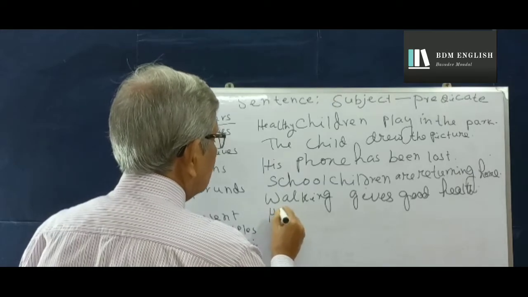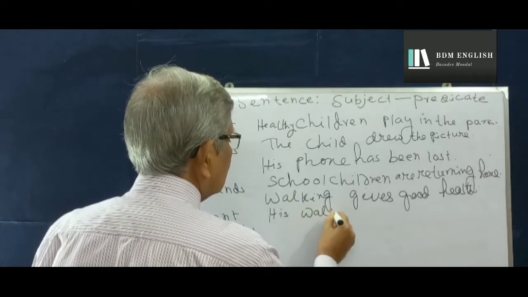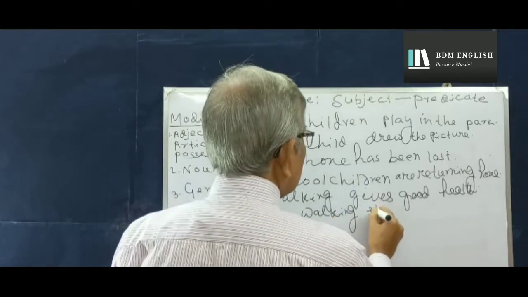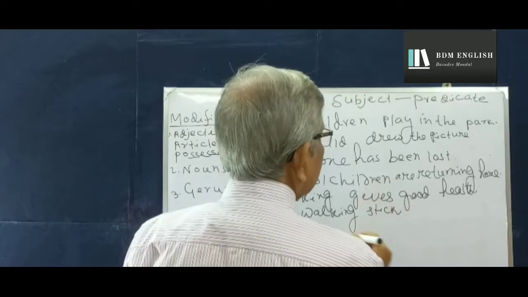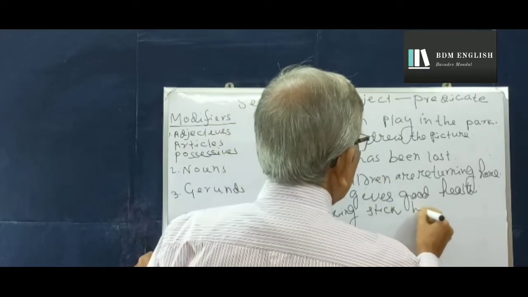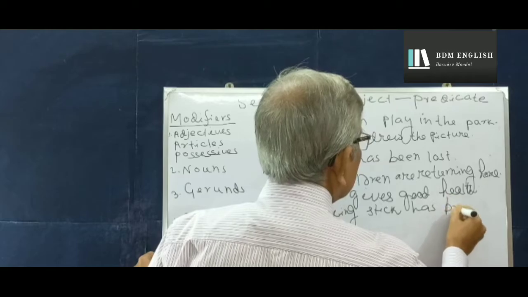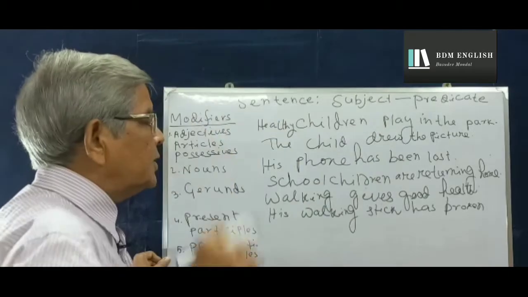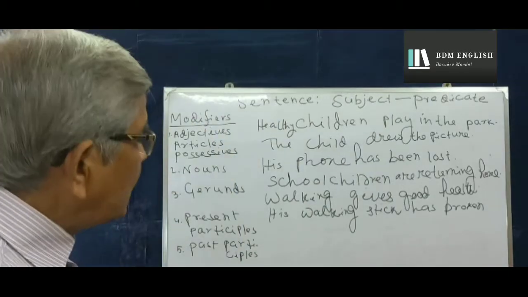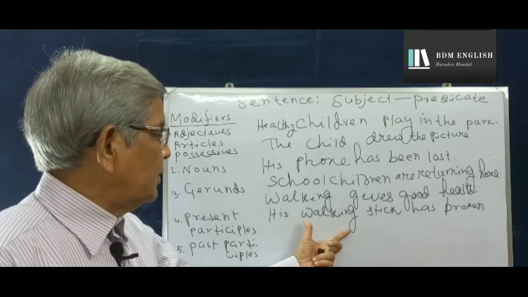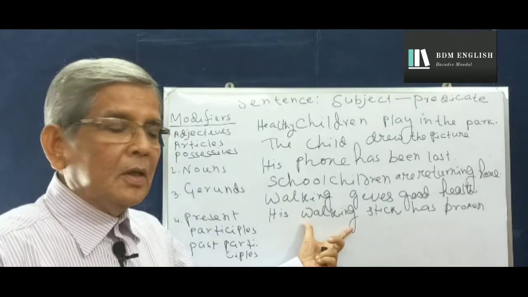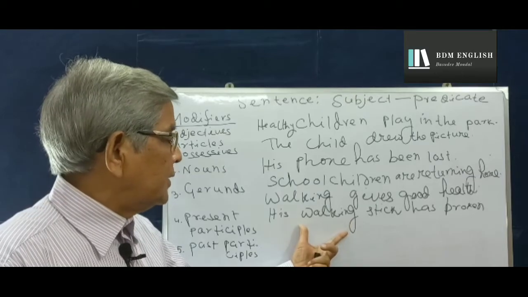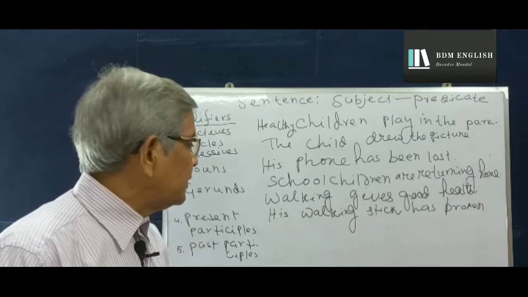His walking stick has broken. Here, walking stick means the stick for walking. So here too, the ing verb form is a gerund. As a gerund, as a noun, it qualifies the noun stick.